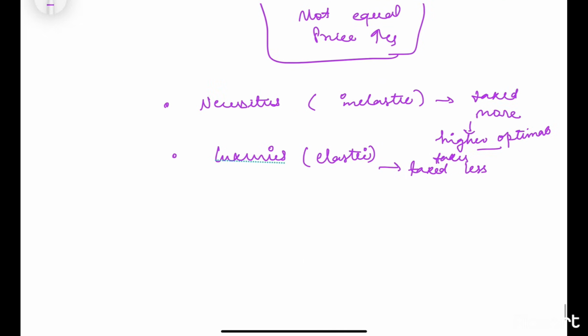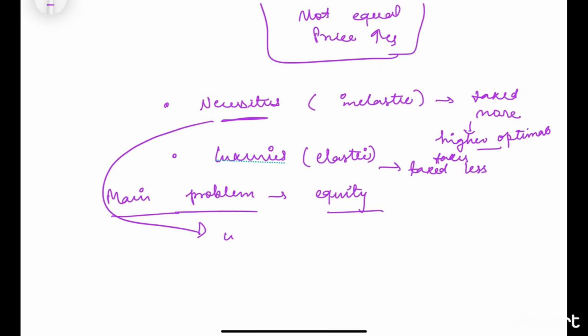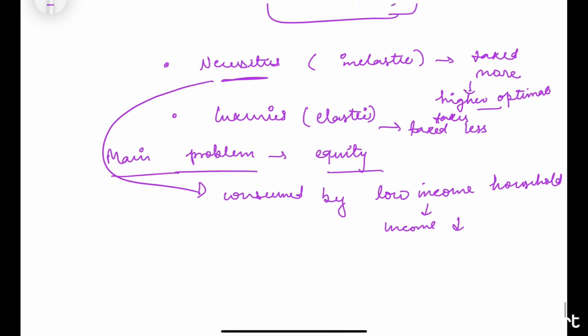So again the main problem with this will be the equity issue. The main problem is of equity, because efficiency is good, but equity is our issue. Because look, what are necessities? Necessities are basically consumed by whom? They are consumed by low-income households. So if they are imposed with high taxes, their disposable income would be less, so they will be worse off, right?